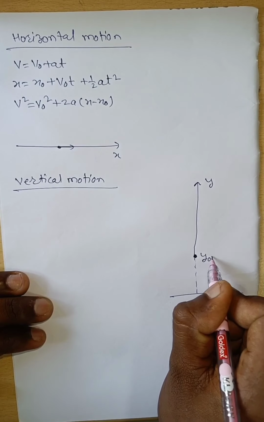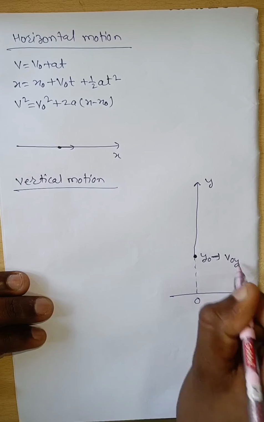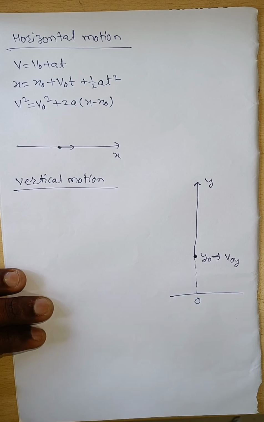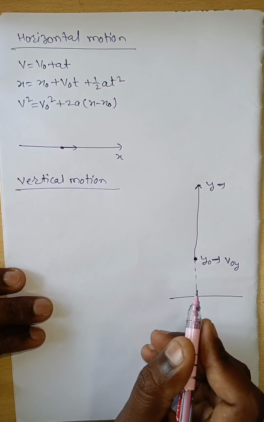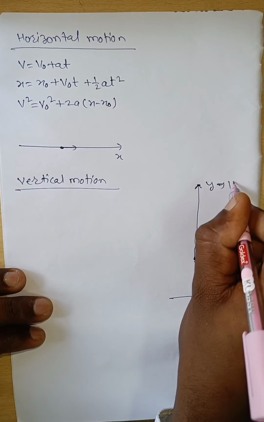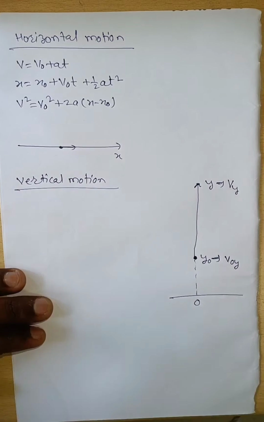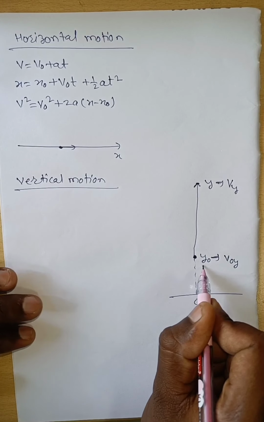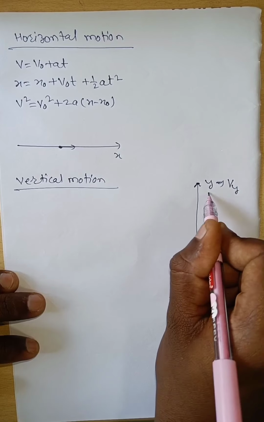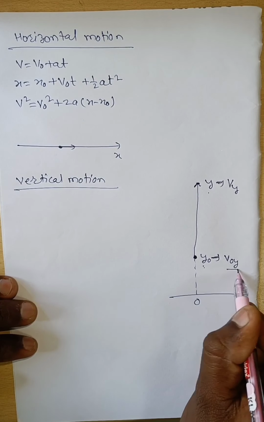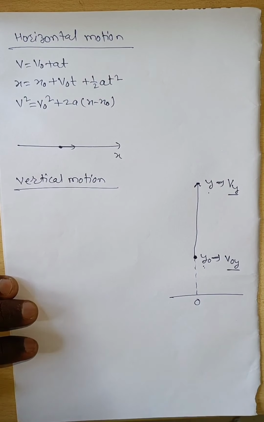At the initial position, the velocity is v naught y. When it reaches the final position, the velocity there is vy. So y naught is the initial position, y is the final position, v naught y is the initial velocity, and vy is the final velocity.